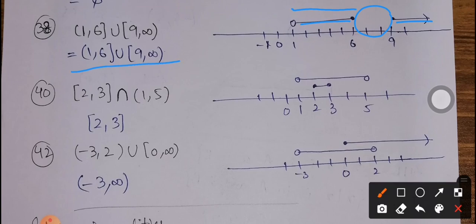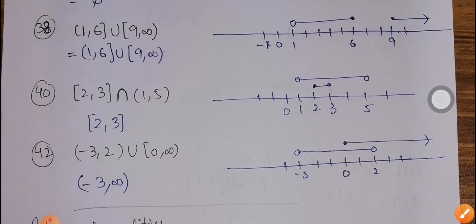So the answer will be in the same form, -1 to 6 union 9 to infinity. That is, the union of the two intervals cannot be written as one single interval because of this jump or gap. So whenever the intersection is the null set, the union is the combination of the two intervals. It cannot be one single interval in such cases.